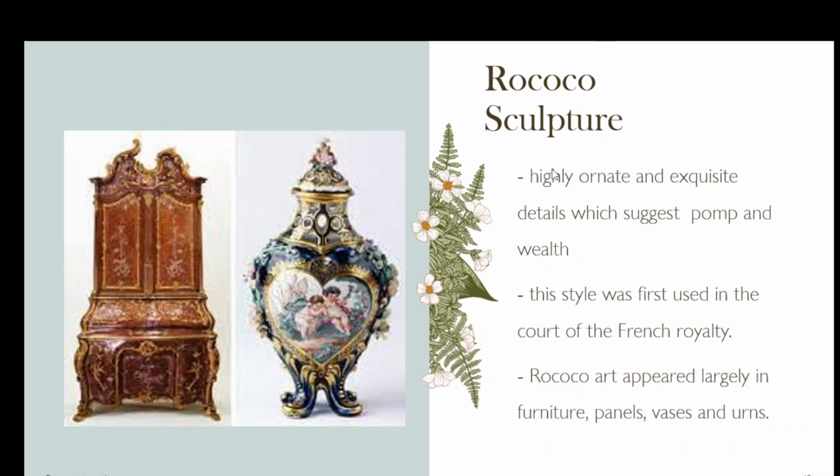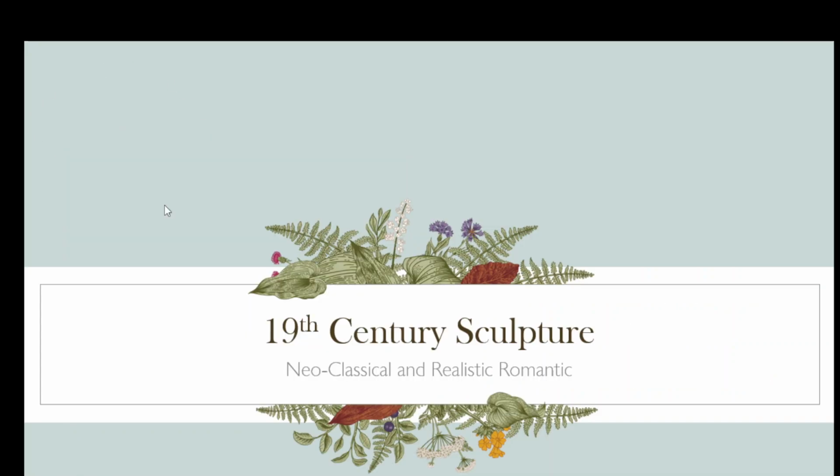At isa sa mga style ng sa architect sa sculpture ay yung Rococo. So, very ornate and exquisite. Tsaka tulad na nakikita nyo dito sa vase na to, di ba? Yan. Pangmayaman. Itong cabinet na to. Yan. Rococo yan.